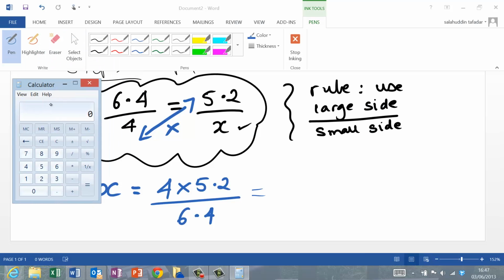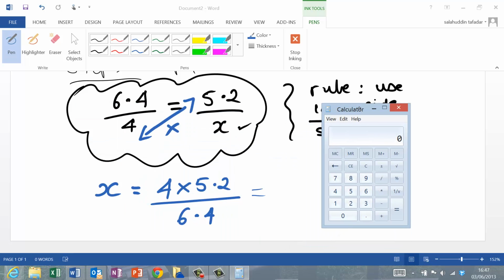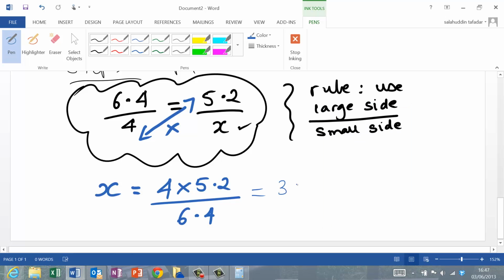Alright, so here's the calculator, and I'm going to type in 4 times 5.2 is equal to this, divide by 6.4, enter, and my answer is 3.25.